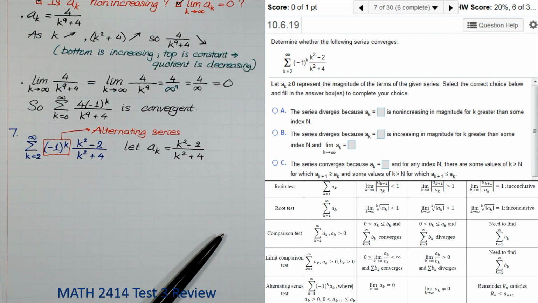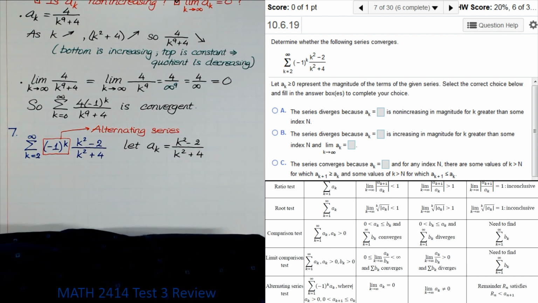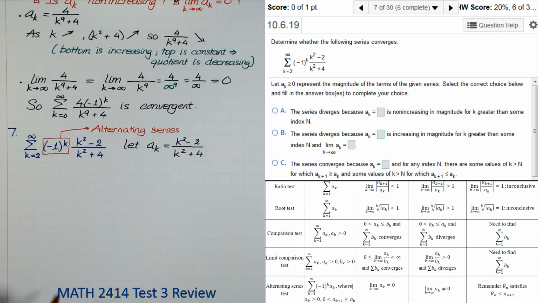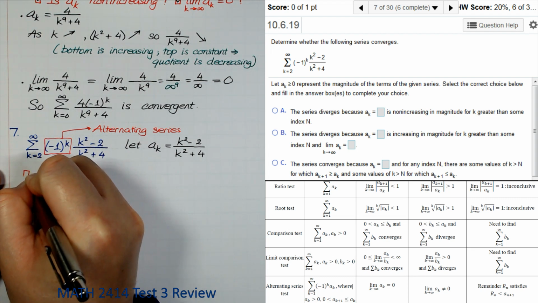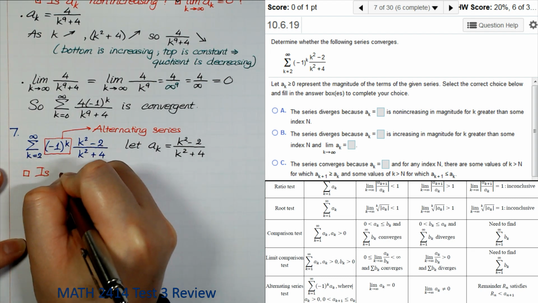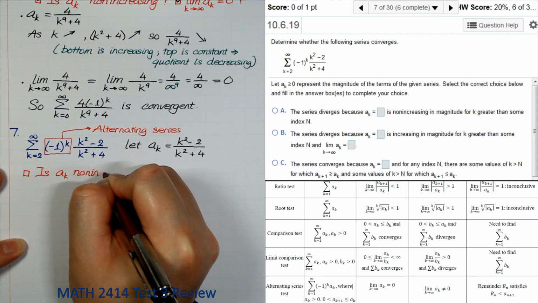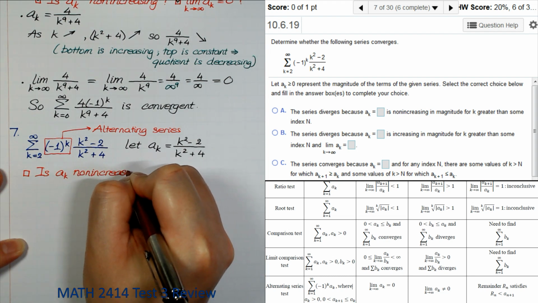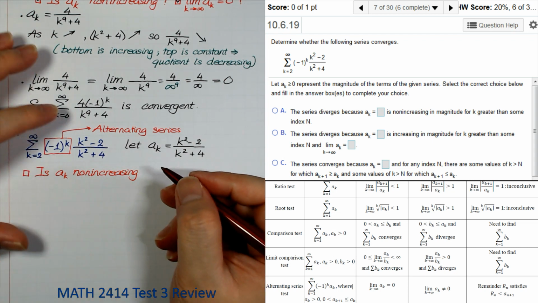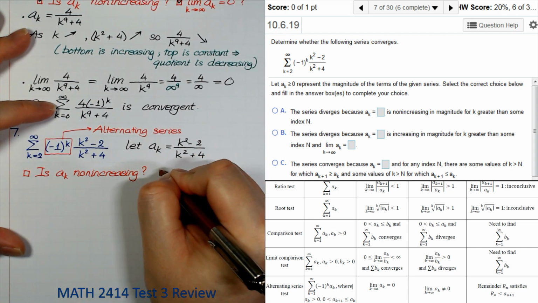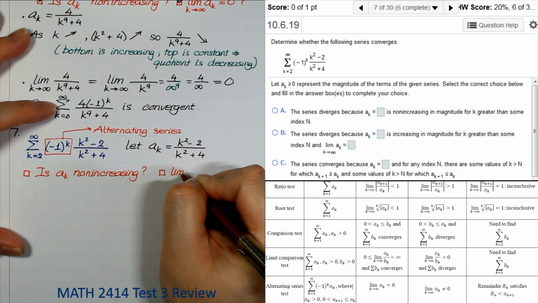But for some reason MATLAB will actually have us check the first condition, so we do that anyway. Is h of k non-increasing? Second box, what is the limit?